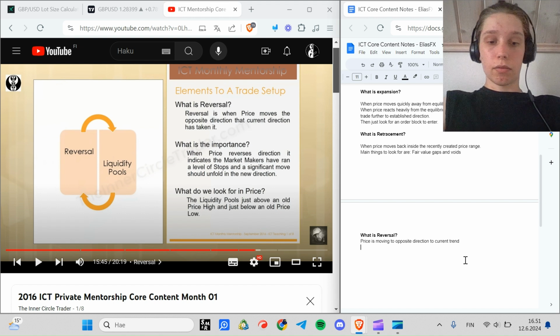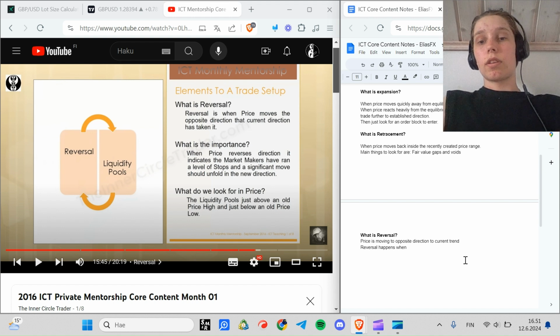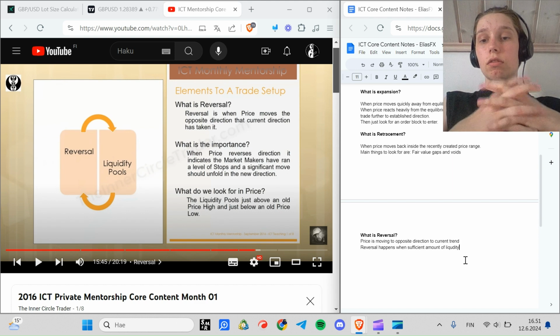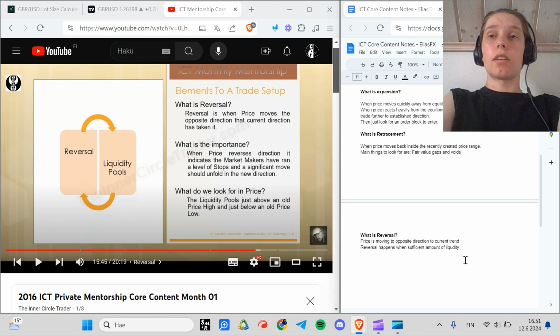So let's put that: reversal happens when a sufficient amount of liquidity is being taken out from the other side of the market.